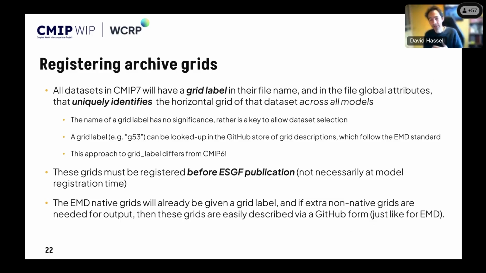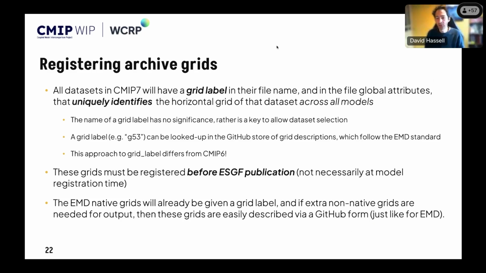As I said, this is quite different to CMIP6, where the grid label was not a useful search term, it was very vague. This now should be a very useful search term, for example, for finding related files or area files and so forth.